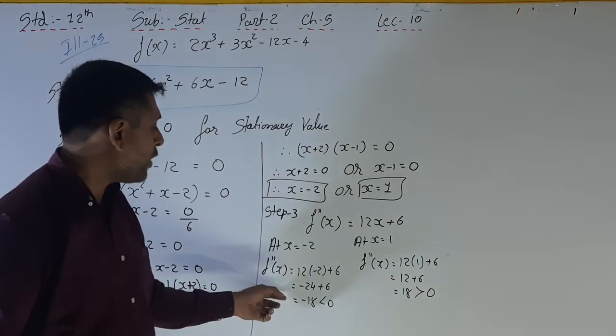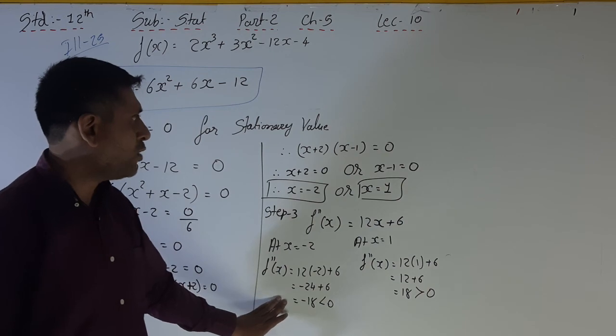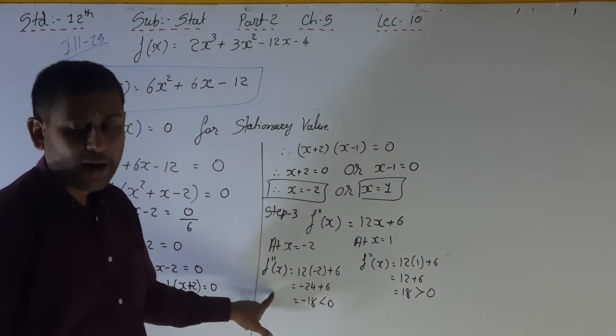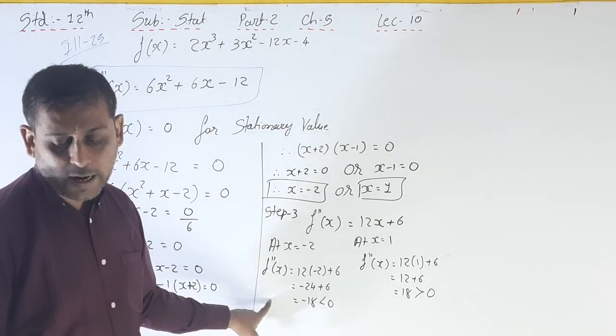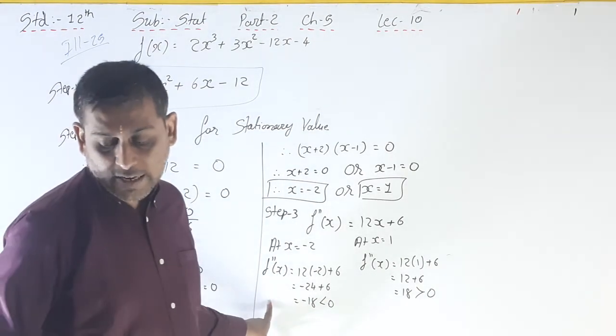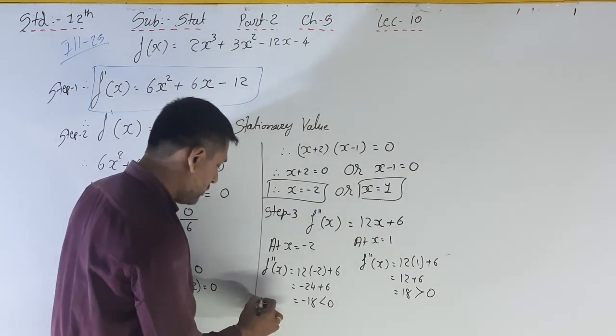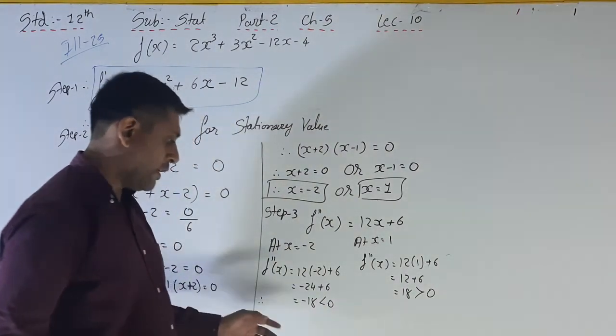So here we have to write, please write down these. I have no space, that's why I am not writing. Please write down these here. Therefore at x is equal to -2, we get the maximum value of the function, right? Write down these.